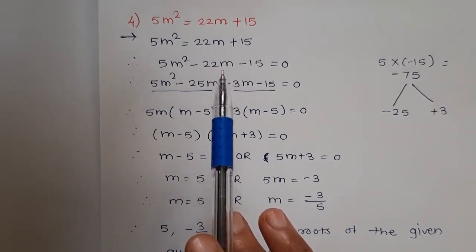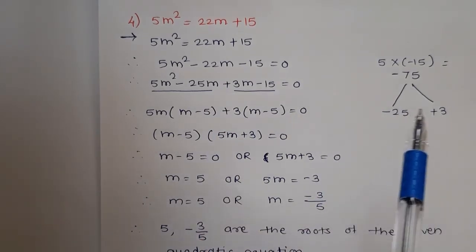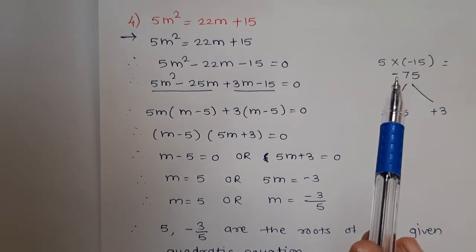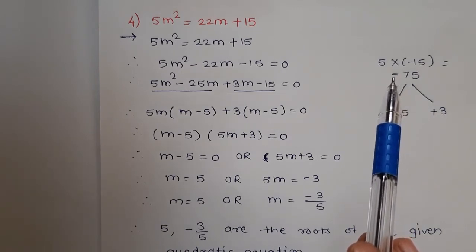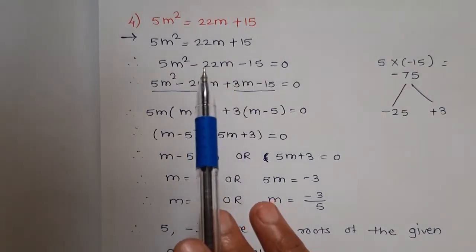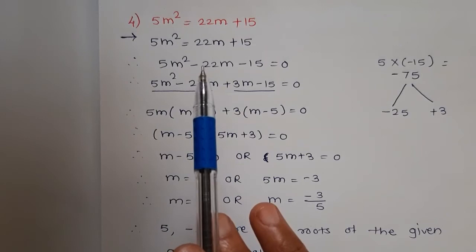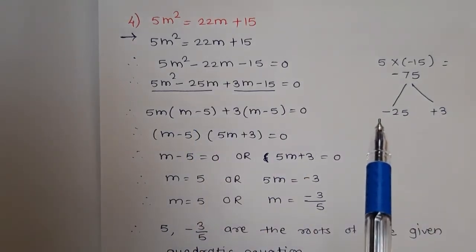Those having the product 75: 25 threes are 75. Now here minus 75 is required. So we have to decide the sign, and that sign we decide with the middle term. Now the middle term has the sign minus. So when we take the subtraction of these two numbers, we have to give the sign minus to the bigger number.